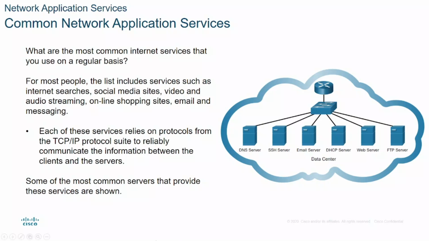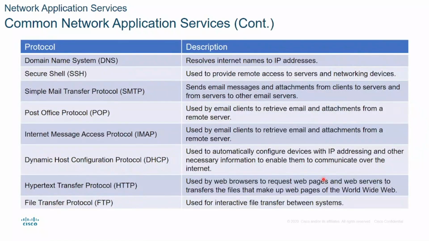So these are some of the services shown in this diagram here. The domain name system resolves internet names to IP addresses. Then the secure shell is used to provide remote access to servers and networking devices.